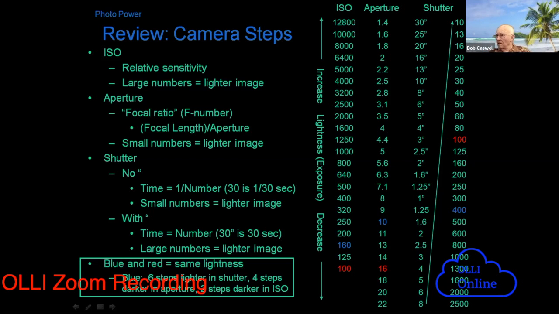But they usually won't go all the way to 1.4. They probably do go exactly to f22. Sometimes they'll go beyond f22. The next one is 32, and the one after that is 45, and then 64. And you'll probably never see any of those numbers except 32, if that.